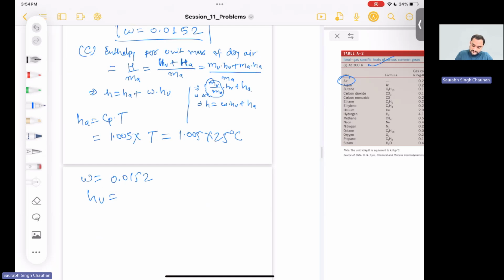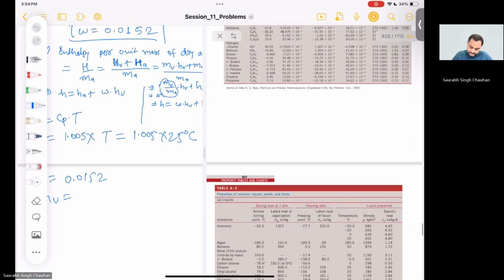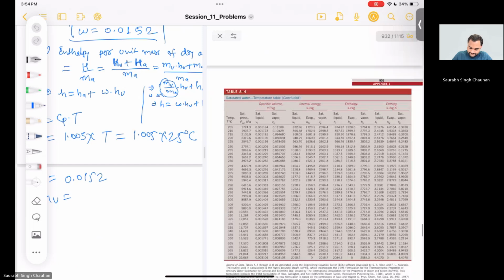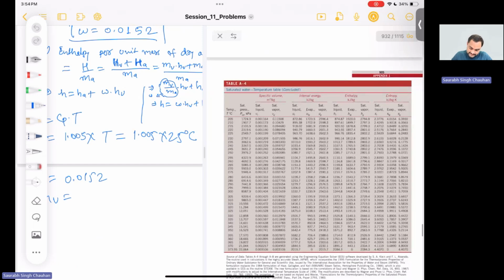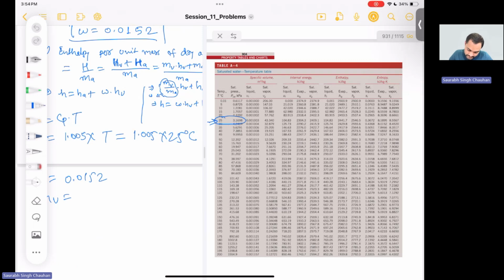So we will have to check the water vapor table at 25 degrees Celsius, for specific enthalpy of saturated vapor.